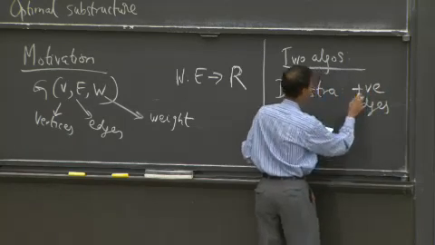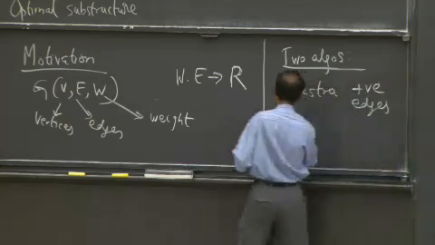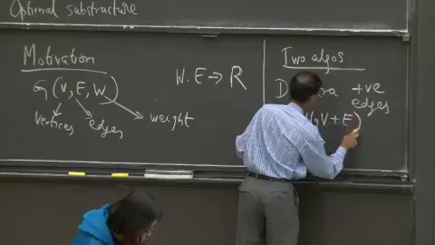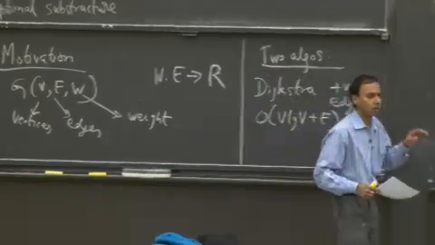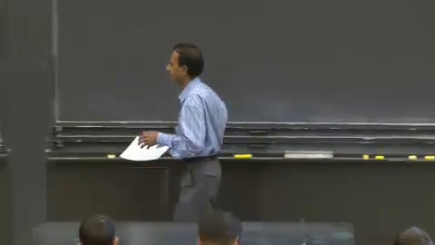So I should really say non-negative, so read that as non-negative. And that has a complexity of order V log V plus E. All right? So this is practically linear time.